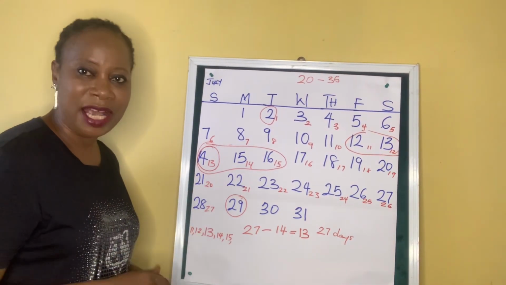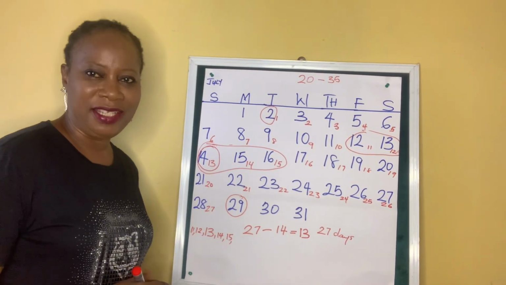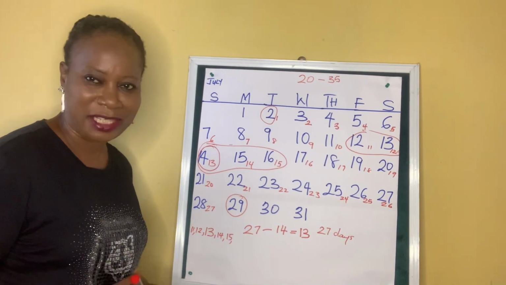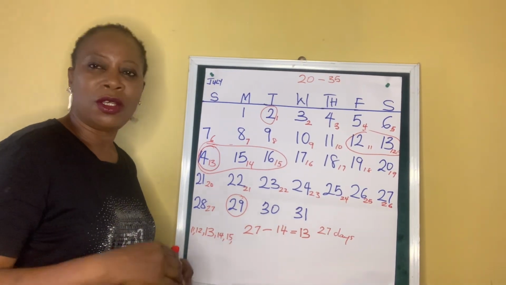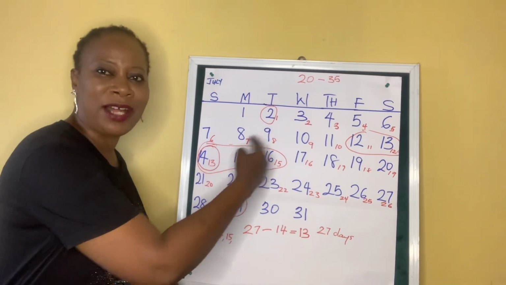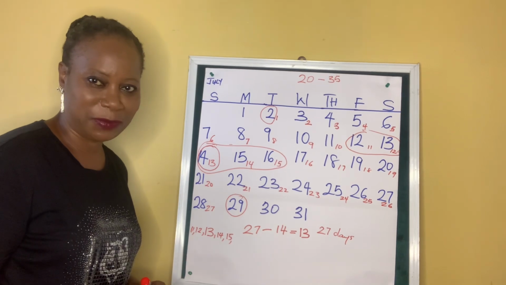It does not matter the length of your cycle. Then I want to tell you again, these are not the only days you can conceive. Some women can conceive even when it's not their ovulation period.